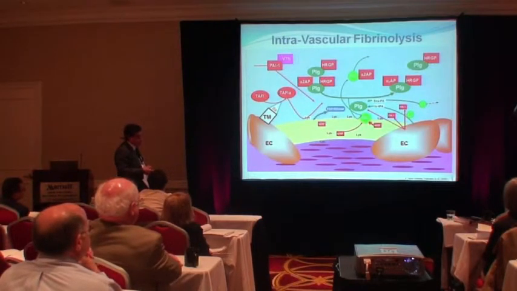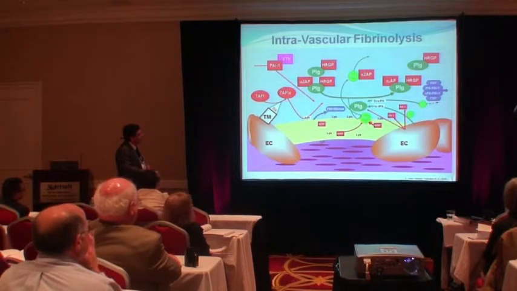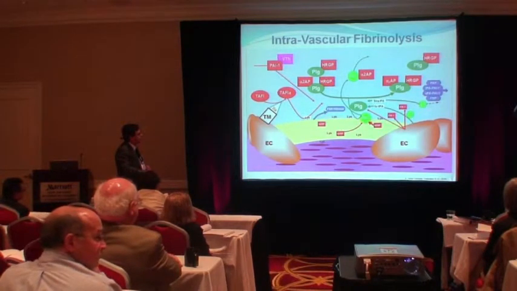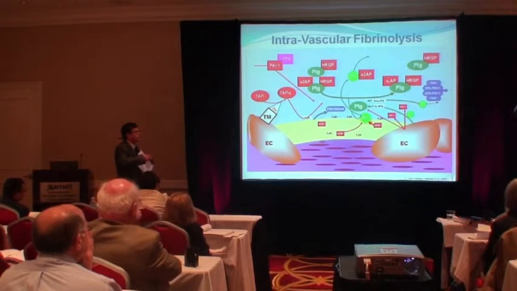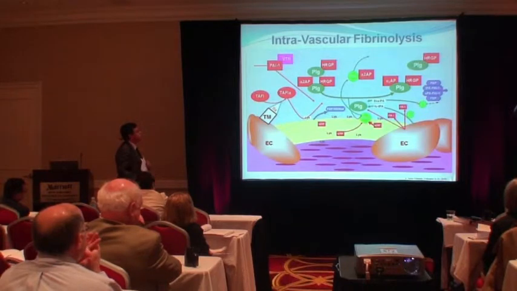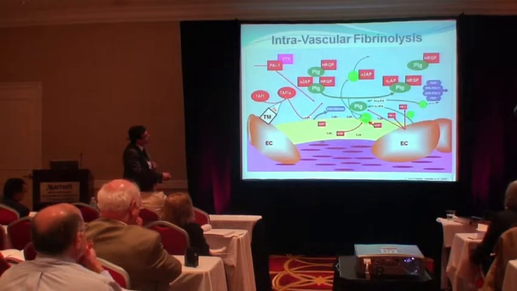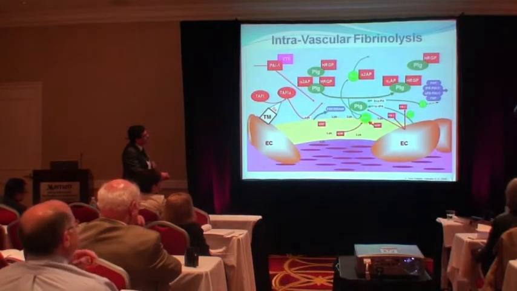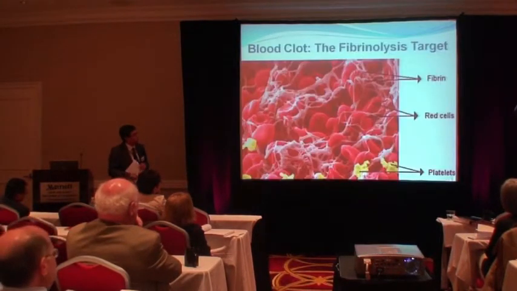And finally, during this process, some analytes are generated: fibrin degradation products from the fibrin clot, and D-dimer. D-dimer is, I think, an easy way to express all the different fibrin degradation products which expose the D-dimer epitope. But you can see also plasmin-antiplasmin complexes and TPA or UPA complexes with PAI-1.